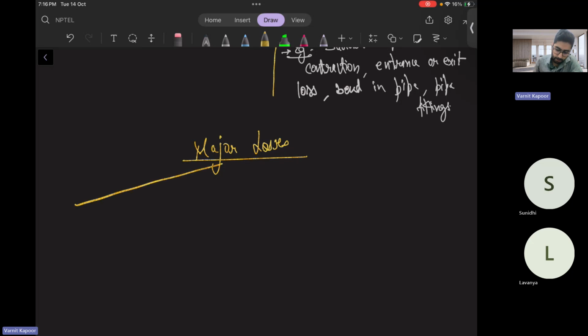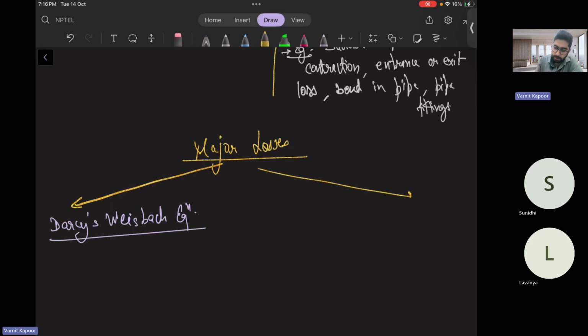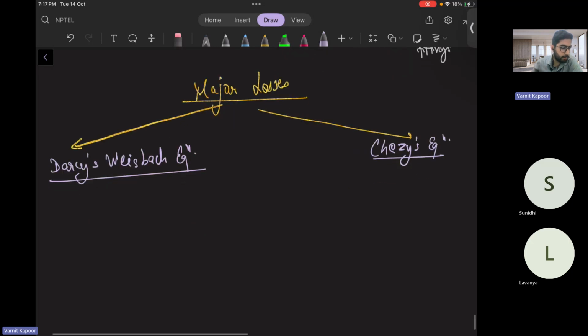This analysis is done based on the assumption that flow rate is constant.